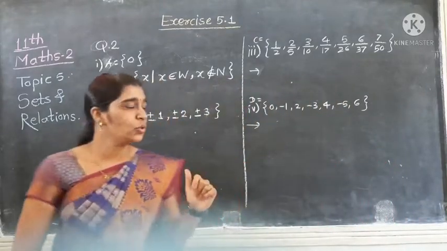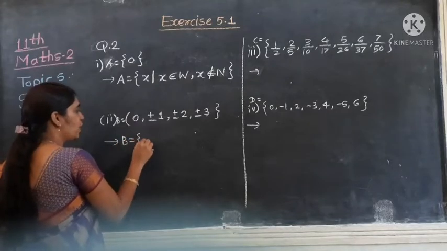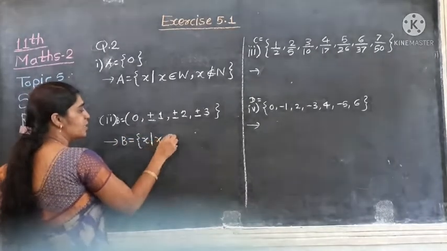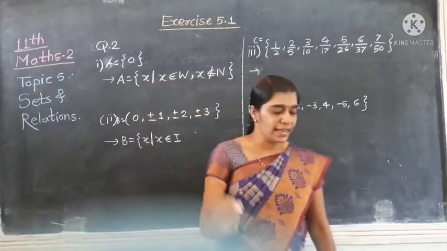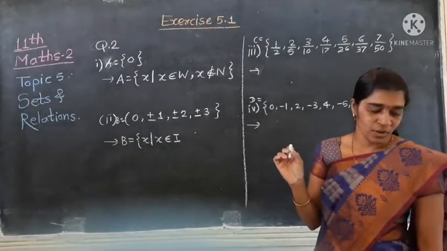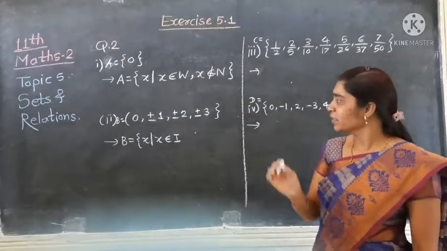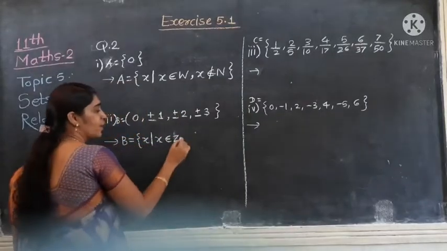So you can write here B is equal to the set of all x such that x belongs to the set of integers. x is an element of integers, or you can write that the set of integers is represented by Z.